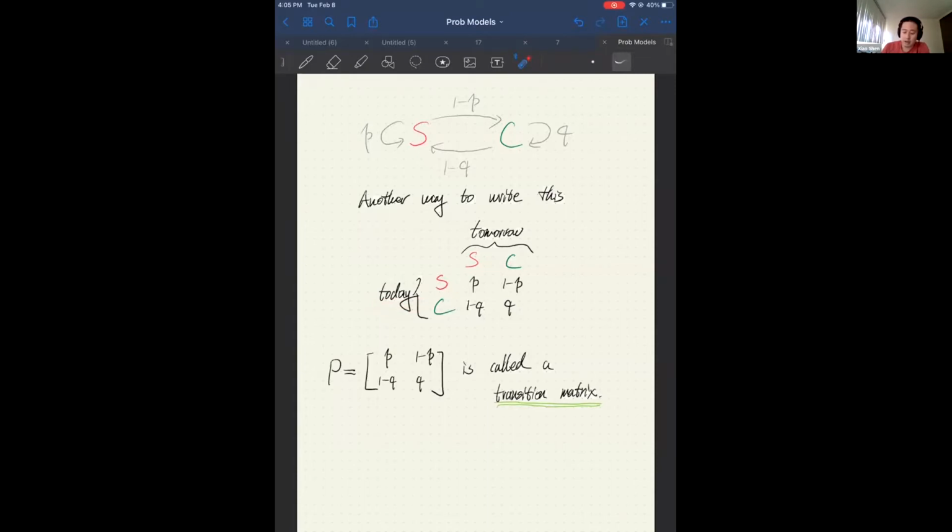And over here, we have the weather tomorrow, which is either S or C. This P represents that, given today the weather is sunny, the probability that tomorrow is also sunny is, according to the diagram, P. The probability that we go from S to cloudy, today sunny and tomorrow cloudy, is 1 minus P. Similarly, going from cloudy to sunny has probability 1 minus Q, and the weather staying cloudy has probability Q.